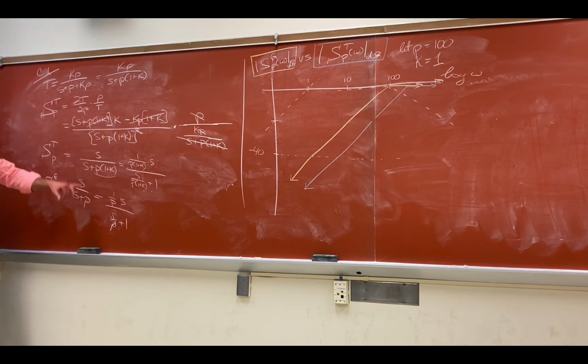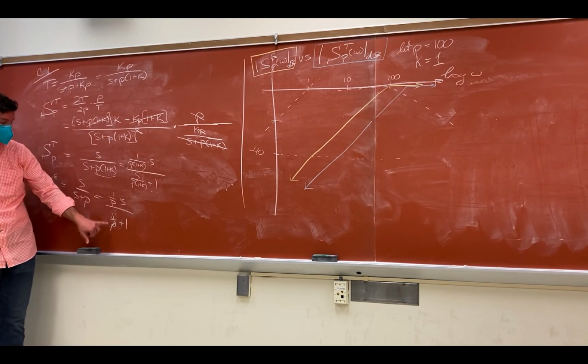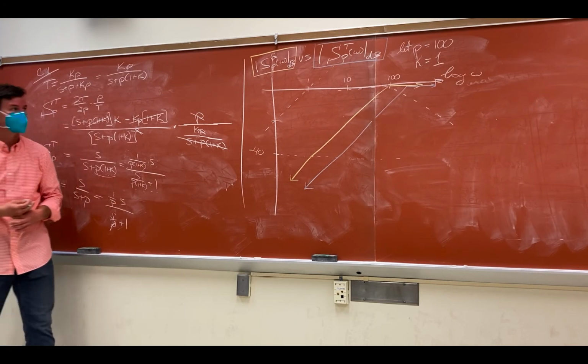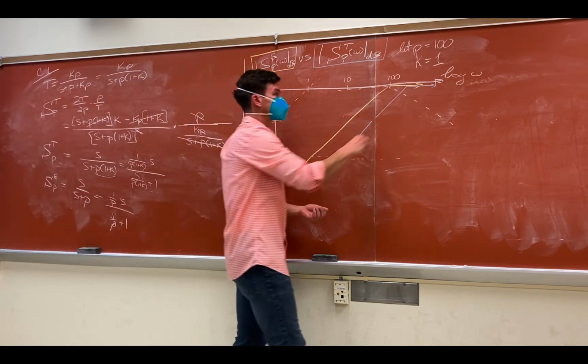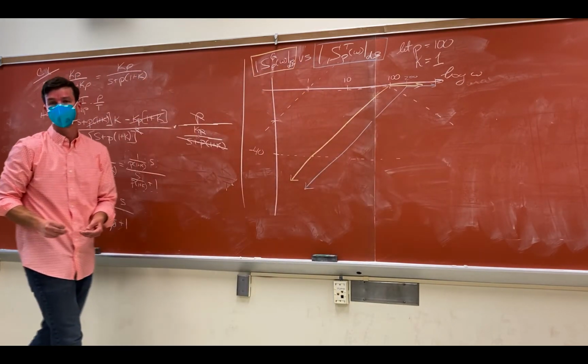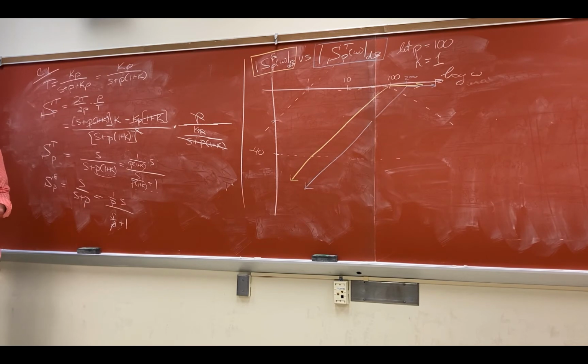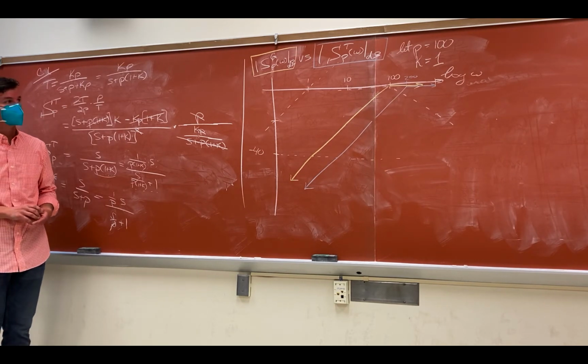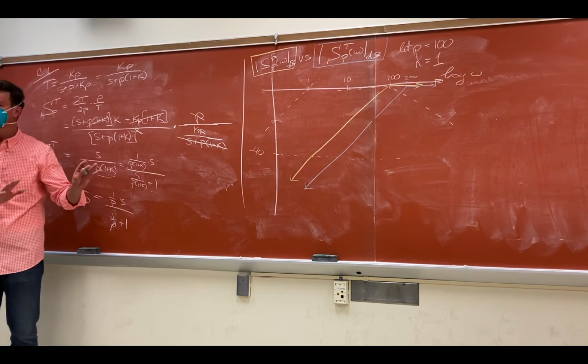Because it's actually the exact same plot, except the P has been replaced. So everything that worked out nicely before will work out nicely again, except it happens at 200 rads per second. So, questions on that?